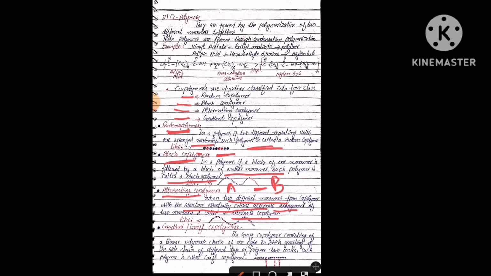The last one is the gradient or graft copolymer. Students, in this class, the graft copolymer consists of a linear polymeric chain of one type of monomer to which grafting of a side chain of a different type of polymer chain occurs. What does it mean?